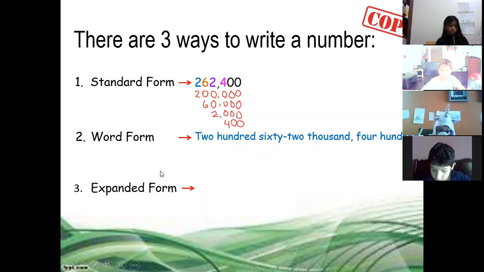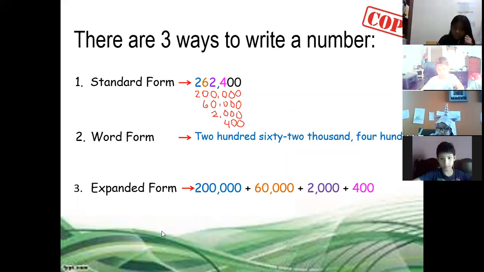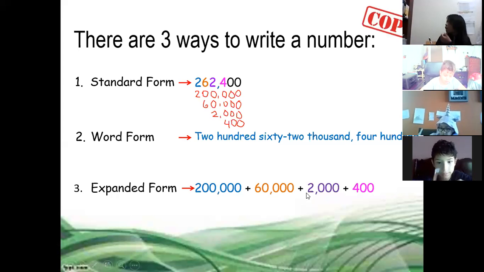So my last form is 200,000 plus 60,000 plus 2,000 plus 400. Again, I replace the spaces at the right using zeros.